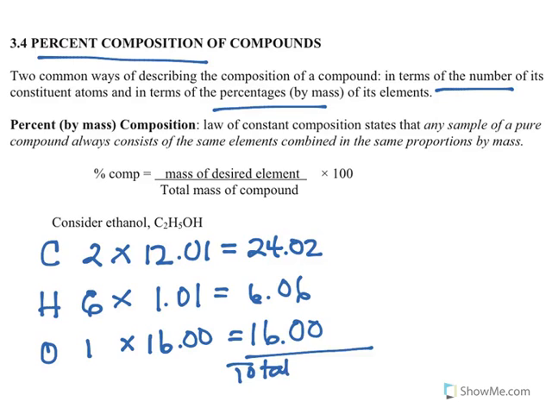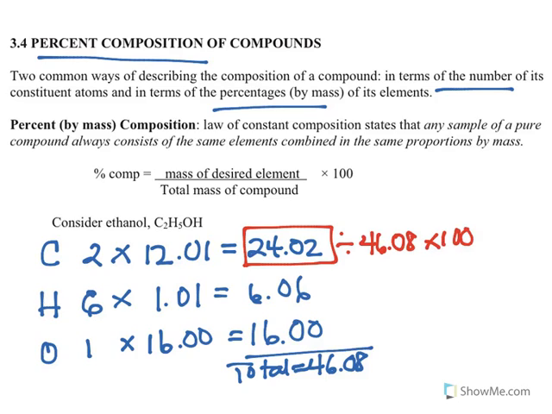In this case, that total is 46.08. My next step is to figure out what percentage each of these elements is contributing. To do that, I take the mass I found for the element, divide it by the total, 46.08, and then multiply by 100 to turn it into a percentage.